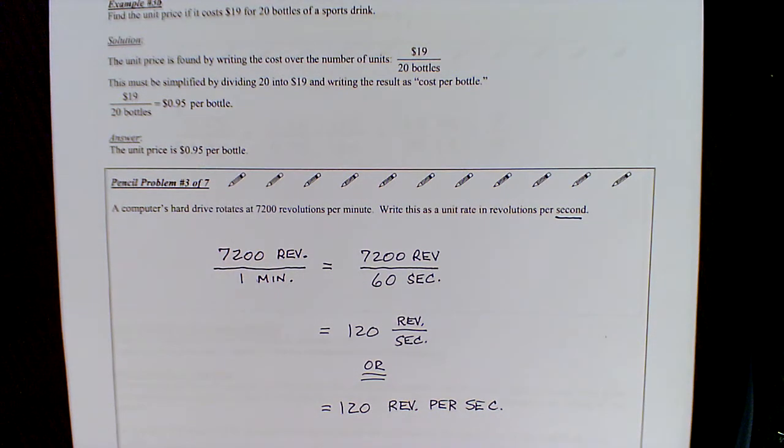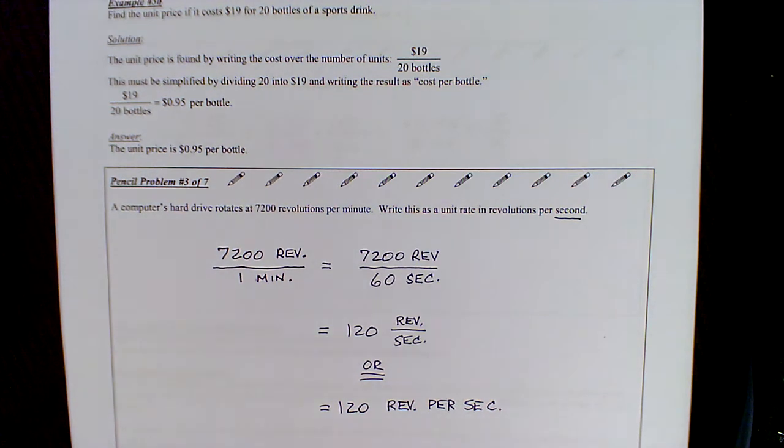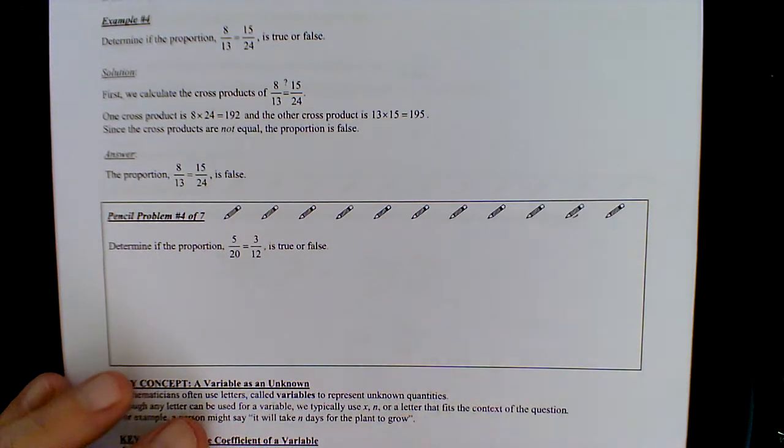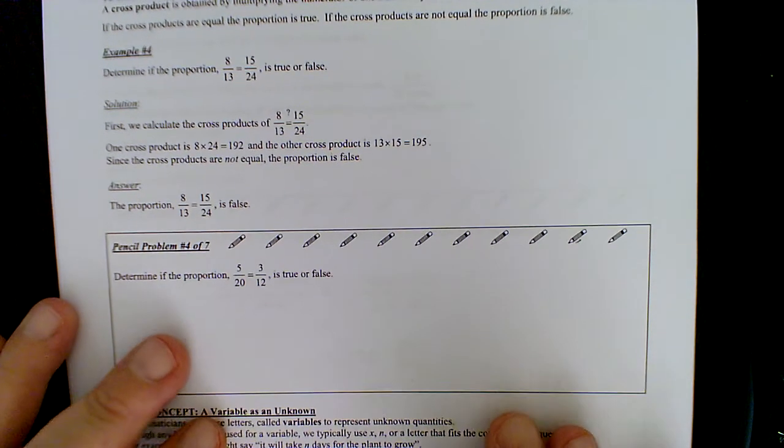Okay, so next concept is proportions. And to determine if a proportion is true or false, we use cross products. Just to bring your attention to the example real quick.